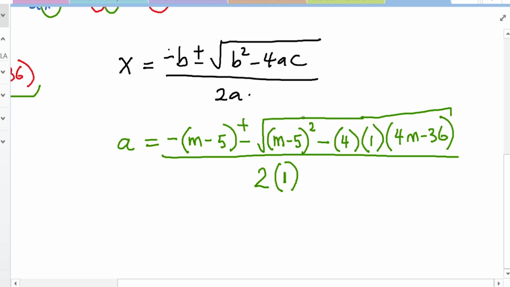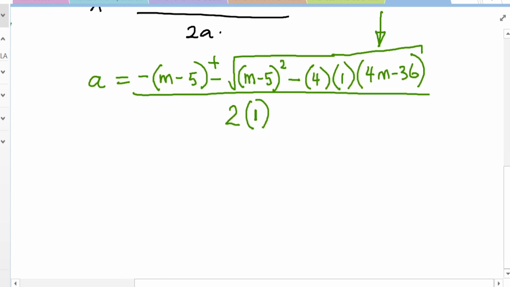So now we're going to simplify things that are under the square root sign, and we see what expression we get. Moving on, this is going to become, let's open brackets here, negative 1 times m is negative m, then negative times negative 5 is plus 5, plus or minus under the square root of m minus 5 squared.